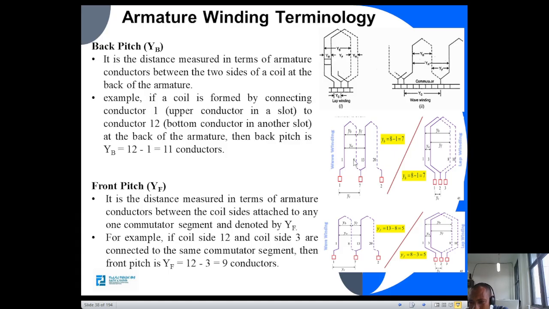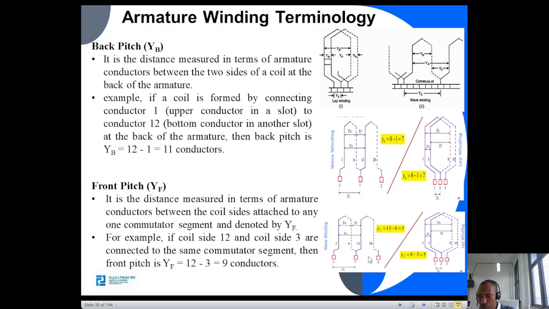The second coil side is at 8 and the first coil side is at 1, so the back pitch is 8 minus 1, which is 7. In this case also it is at 1 and at 8, so the difference of the two is 7, which is the back pitch.